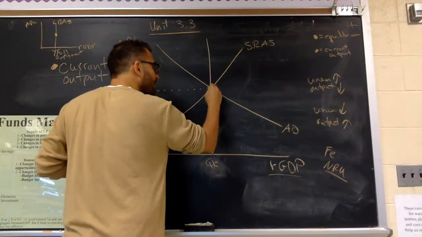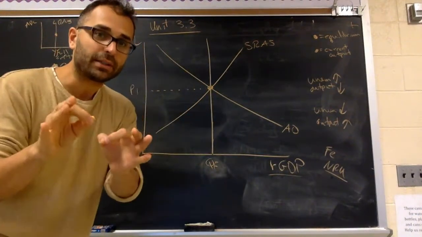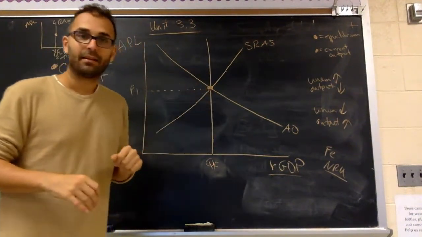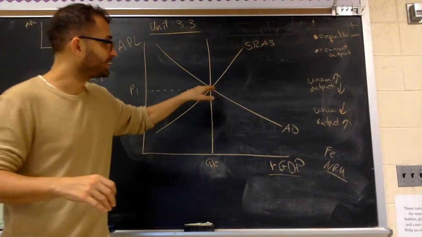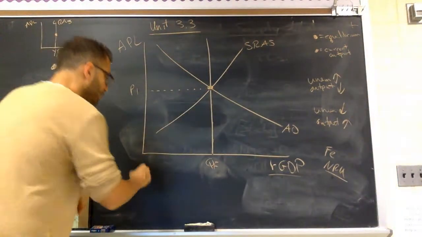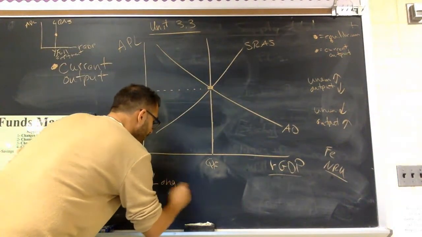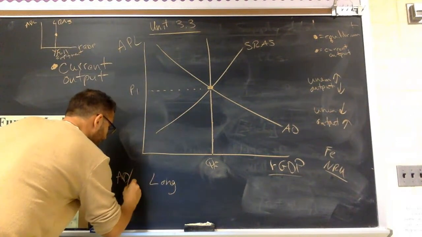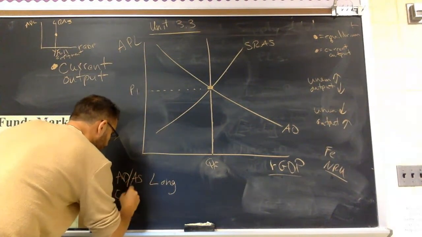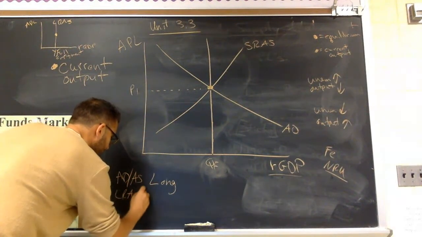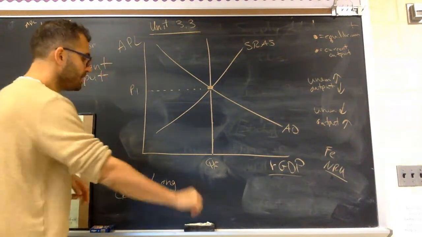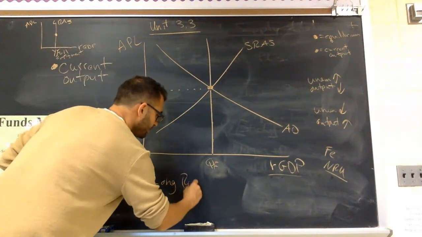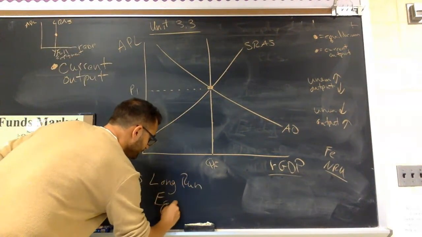Our dot's going to be right here. So that means we are currently at full employment when we look just like this. This is what we call the long run equilibrium. Aggregate demand graph, aggregate supply graph with long run aggregate supply. It's a really long name for a graph, but we say we're at long run equilibrium.